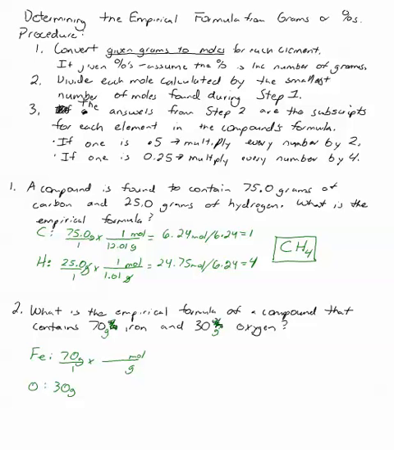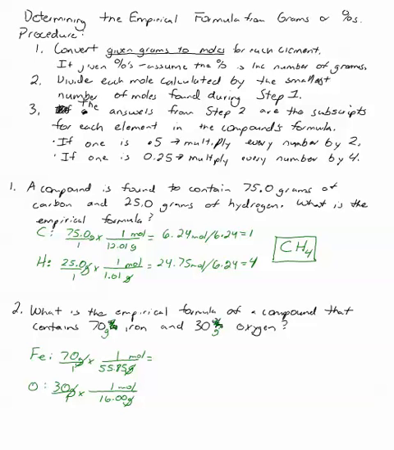Iron's weight is 55.85, if I remember right. Yes, 55.85 grams per 1 mole. And oxygen is 16.00 grams per 1 mole. Again, grams will cancel out for both of these.